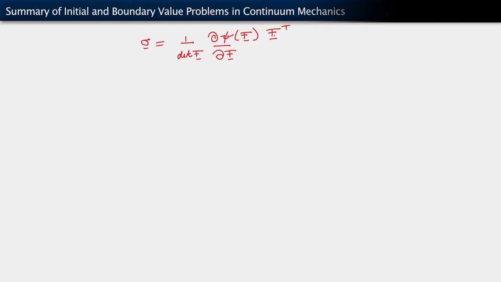So we have this relation for the Cauchy stress, where for F equals RU, R belongs to SO3 plus, and U belongs to S3 plus. So R is an orthogonal rotation tensor, and U is a symmetric positive definite tensor.